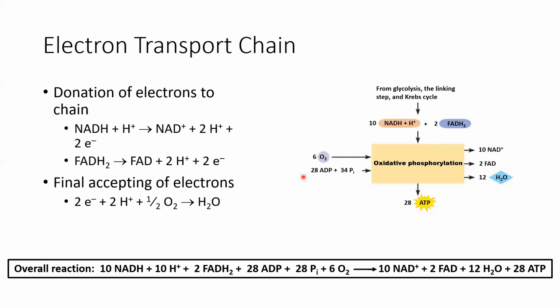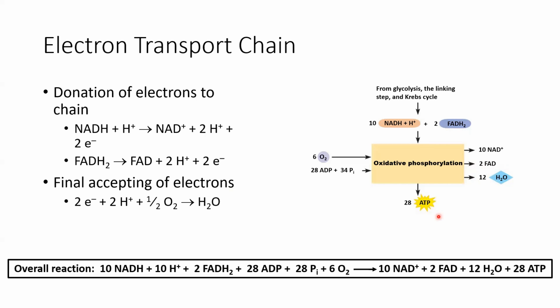We're also going to invest 28 ADP as well as 34 phosphate. And then we're going to yield on the other end NAD+, so this is in its oxidized form, FAD also in its oxidized form because it has now liberated those electrons, and then water as that byproduct, as well as 28 ATP.